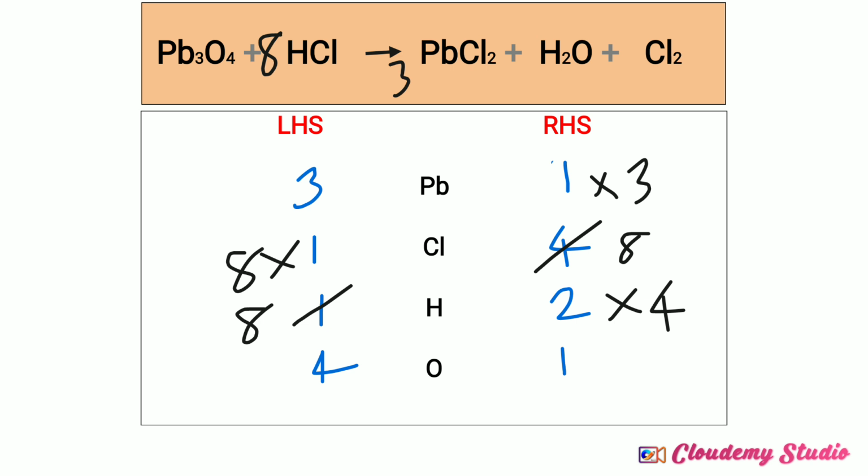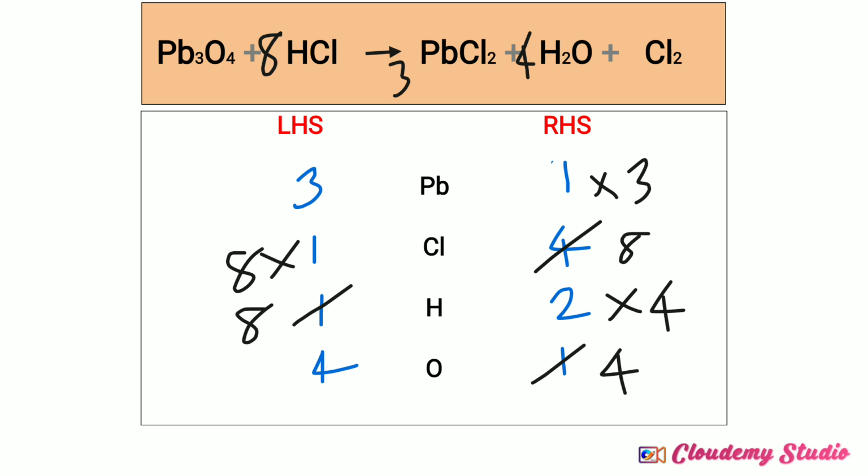So this water molecule is multiplied by 4. Now oxygen becomes 4, because this 4 belongs to both hydrogen as well as oxygen, so 4 oxygen on the right hand side.